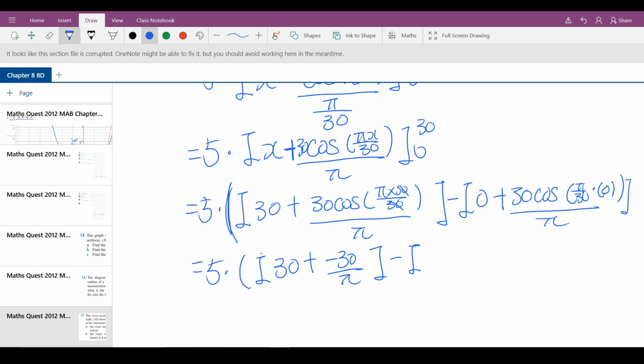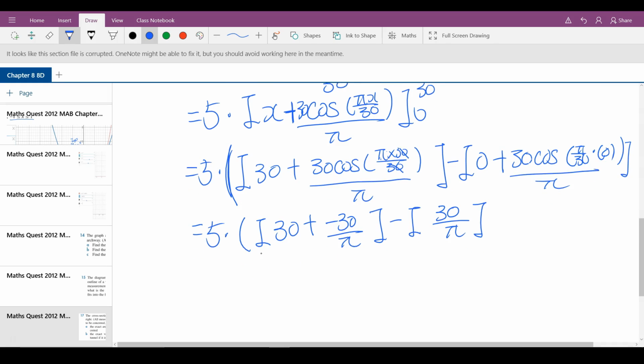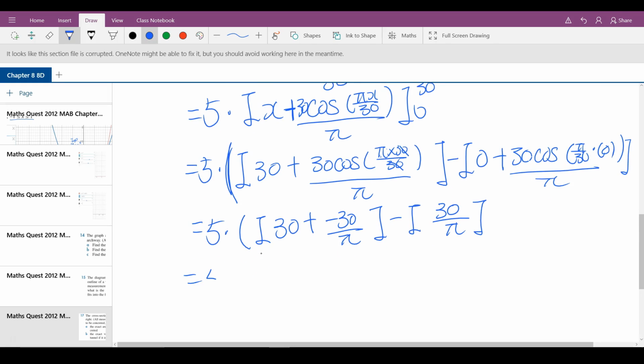Cos 0 is positive 1. So it becomes positive here, pi. Right? So that becomes 5 multiplied by, so 30 minus, because it's a plus minus, it becomes minus 30 over pi, minus another 30 over pi, therefore it's minus 60 over pi.